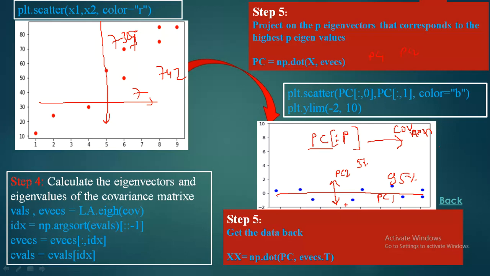Second, if you want to get X back from the principal components, here you can see that the principal component is the original matrix multiplied by eigenvectors.